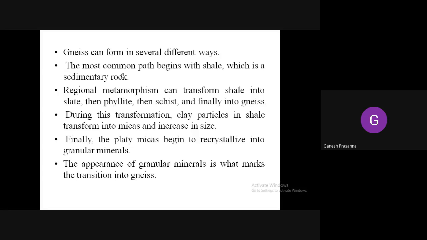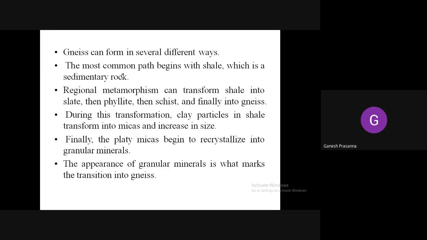So this is the order, and it is always forward. The first rock to form in the sedimentary process is shale; after that, small amounts of pressure and temperature change it into slate, then phyllite, then schist, and finally gneiss.